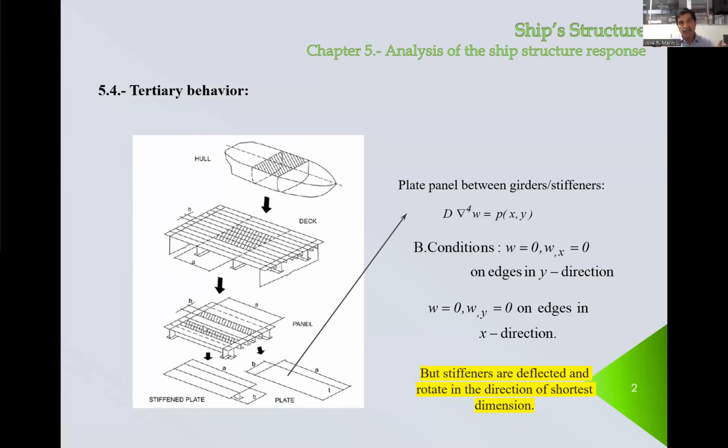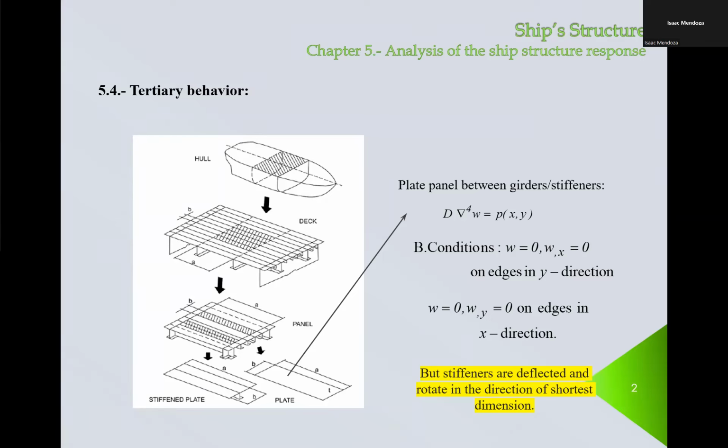We can assume that one of these stiffeners, since they are much smaller than the girders, is clamped on both ends. Okay, we know that it's not complete, but as a primary quick analysis, we can apply that. But then the material between stiffeners, that's a plate. So that's the tertiary behavior of the structure, okay?